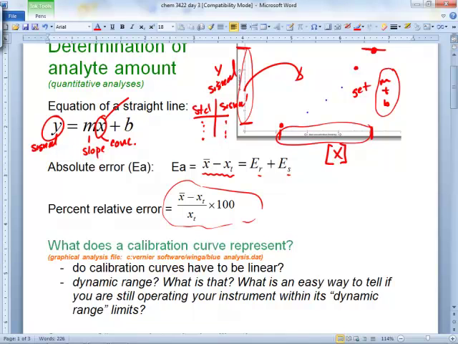If your unknown is outside of that signal range, you can't use that calibration curve. Because you're assuming then, let's say it's way up here, you're assuming then that this line is linear, right? Which is probably okay, but it's not good practice. So your signal always has to lie within your range. Okay. Otherwise, people are going to frown on it.